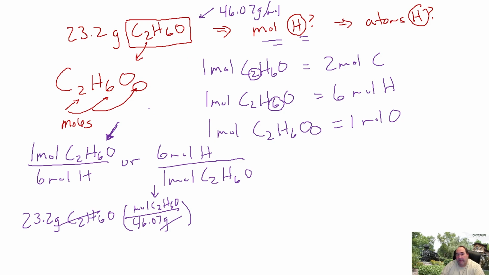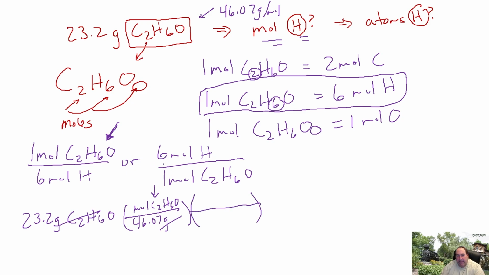So now I can go to the formula and use that conversion, which gave us these two conversion factors. Setting it up like this, I can see moles of the entire thing is up on top, which means to get rid of it, I need moles of the entire thing on the bottom, which would be this version. So 6 moles of hydrogen per 1 mole of the entire thing.